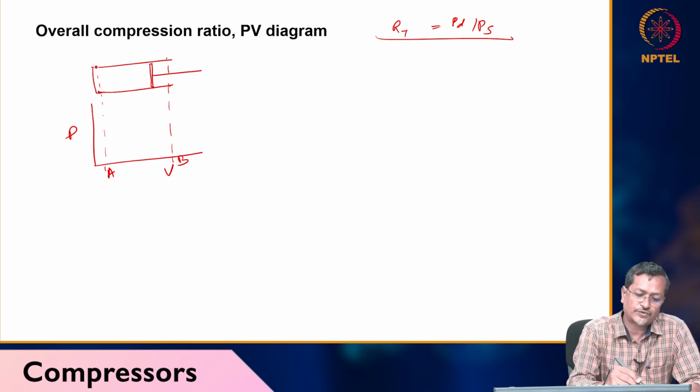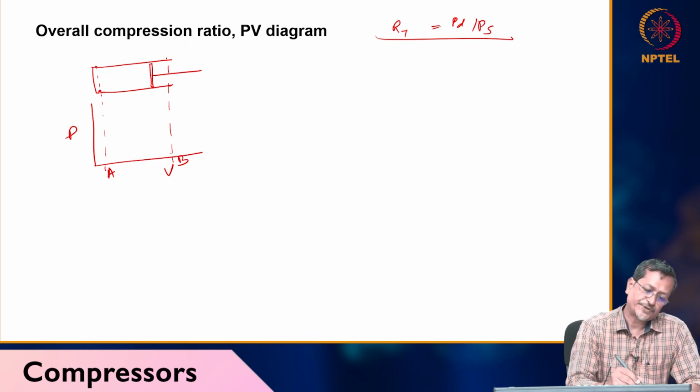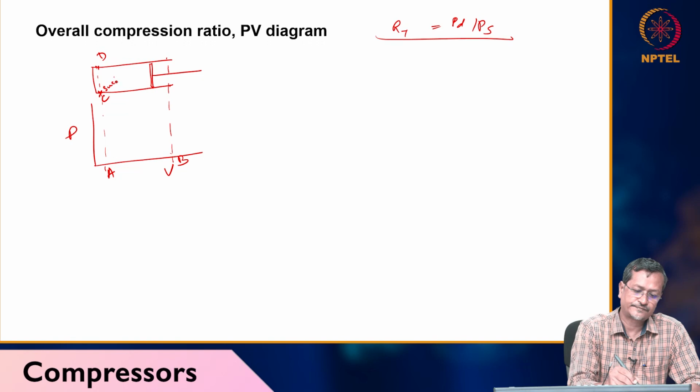Initially all valves are closed, so initial compression will be happening. Let's say the piston is sucking fluid from here, C, D. C is your suction valve, D is your delivery valve.